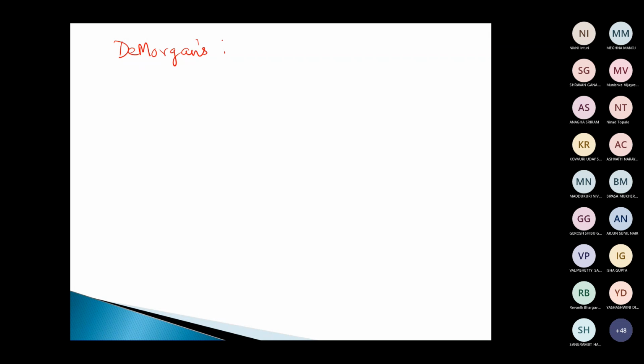De Morgan's laws. First one: not of P and Q is equivalent to not P or not Q. The whole not is there, right? So this not will be operated on each of the variables, and the and will become or.